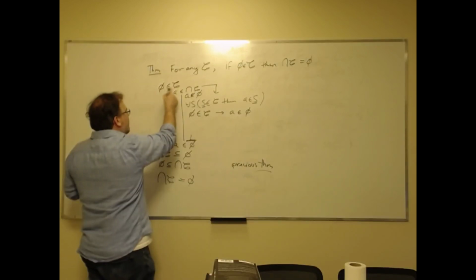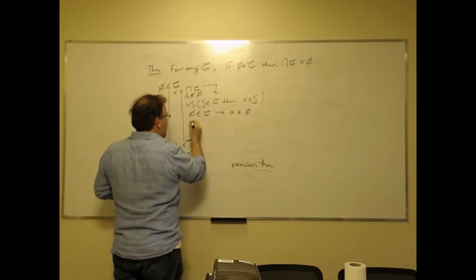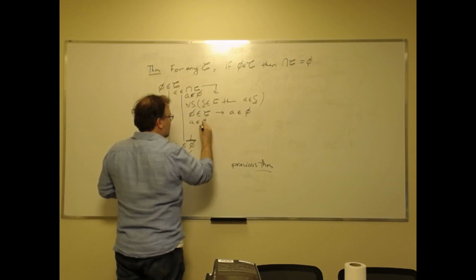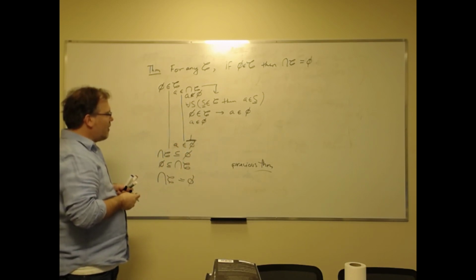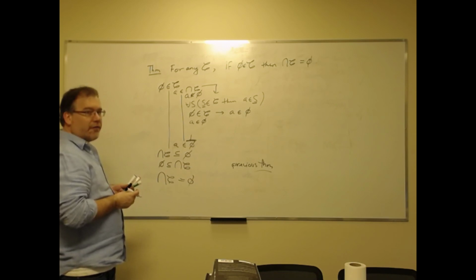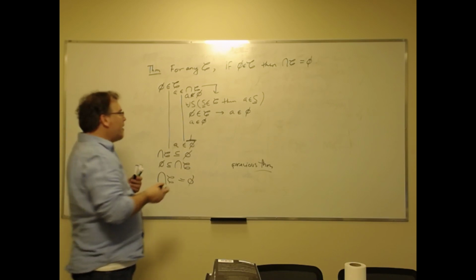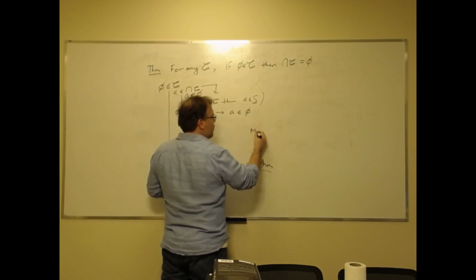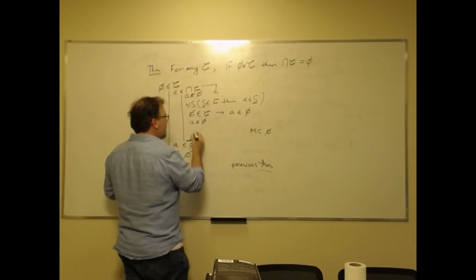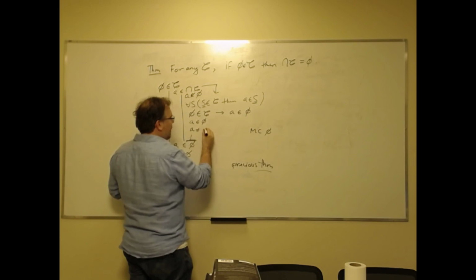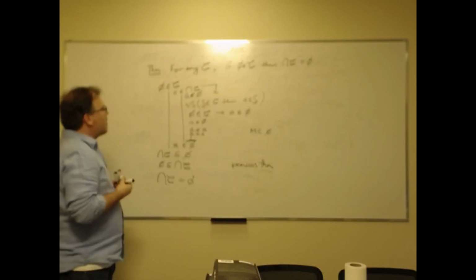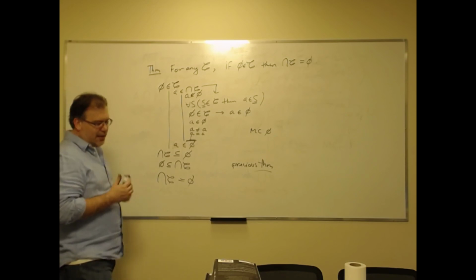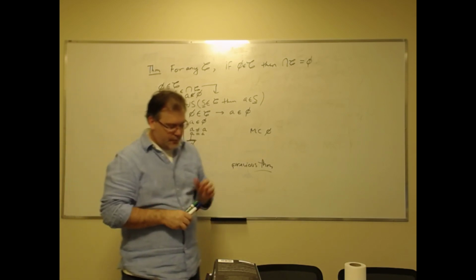Now I know that the empty set is in the collection, so I do a modus ponens. A is in the empty set. But as we saw, nothing is in the empty set. Why? Because by virtue of the membership condition of the empty set, that implies that A is not A, and also A is A. So that's a contradiction, and that leads us to the conclusion.